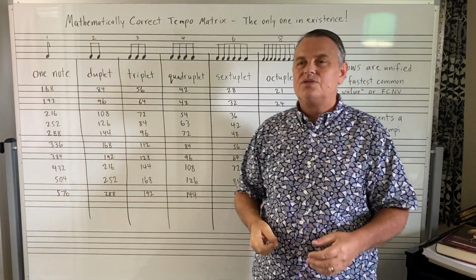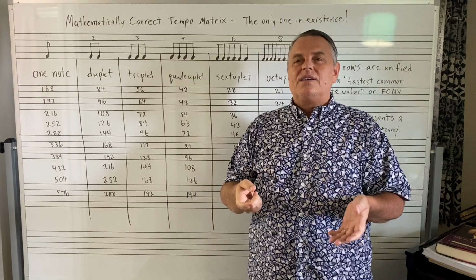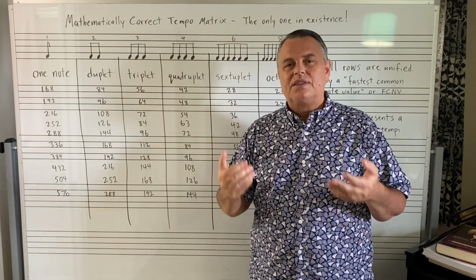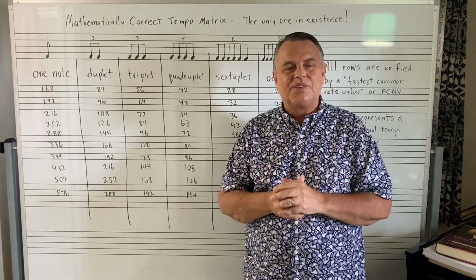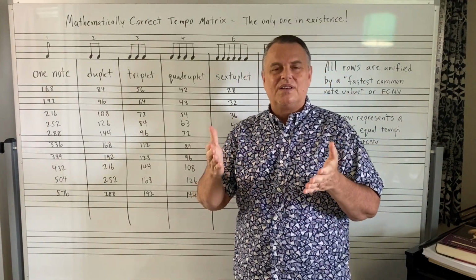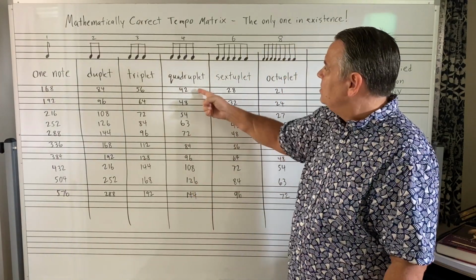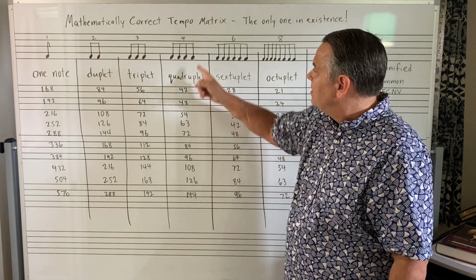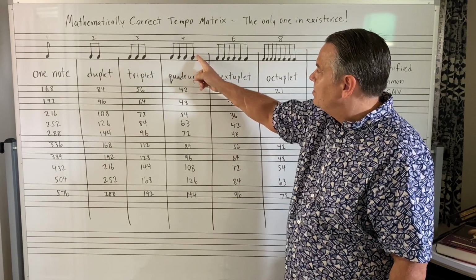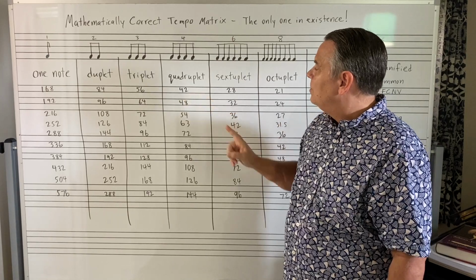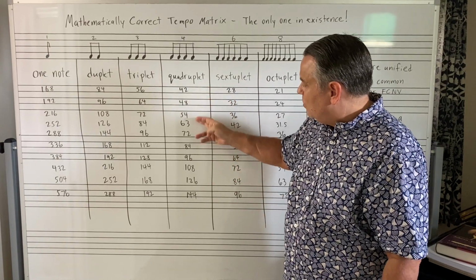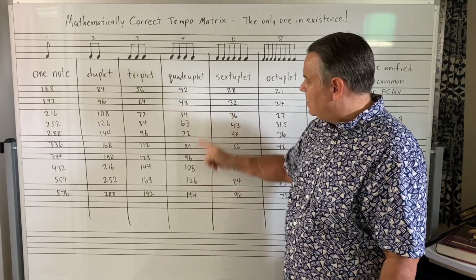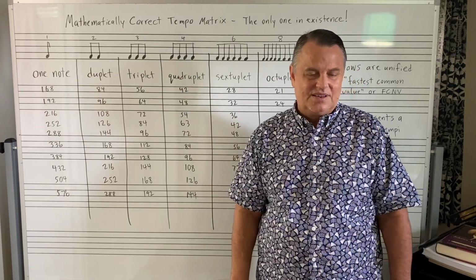If you had to determine the most likely tempo that Bach planned for that prelude, you would look in this column here, because this is the one with quadruplets in it. So the quarter note of the Prelude in C major is somewhere in those numbers.